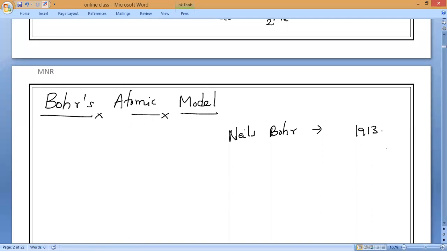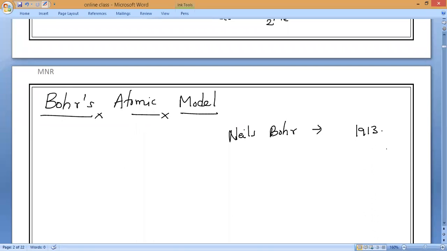As Rutherford proposed, the nucleus was identified, there is empty space, and electrons are revolving. All these things were proposed in the Rutherford model. But Rutherford failed to explain two things. One, the stability of the atom, and the second thing, what is it? Just now I taught you. Electron distribution: how the electrons are distributed outside the nucleus, surrounding the nucleus. To answer these two questions, Bohr gave the concept of orbits, discrete states, or energy levels.